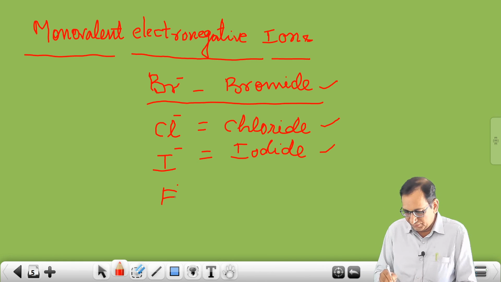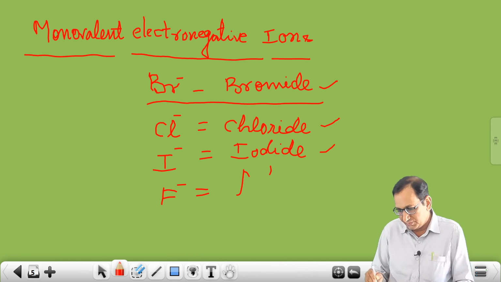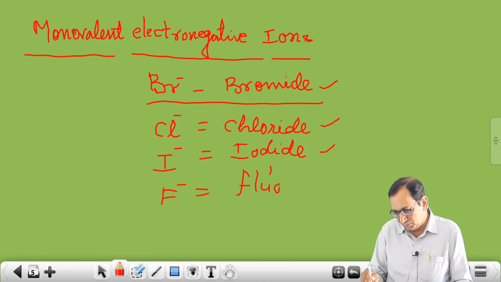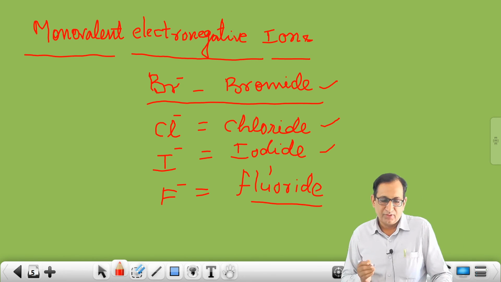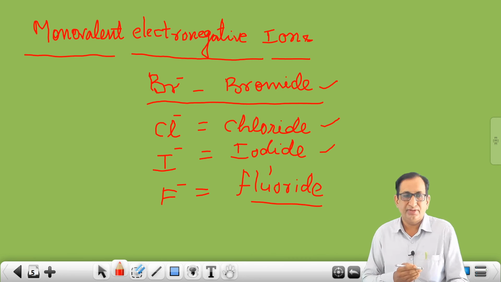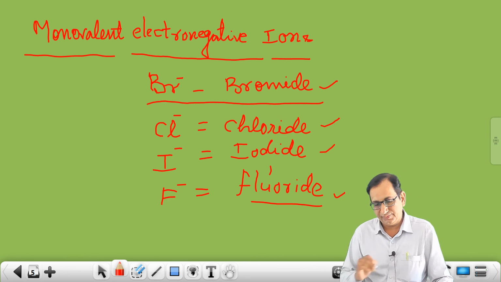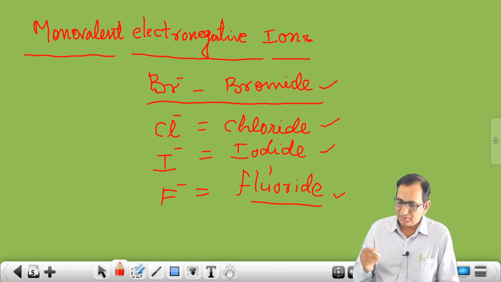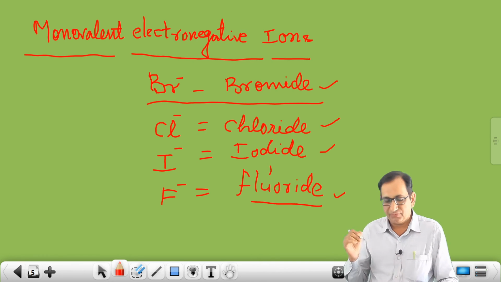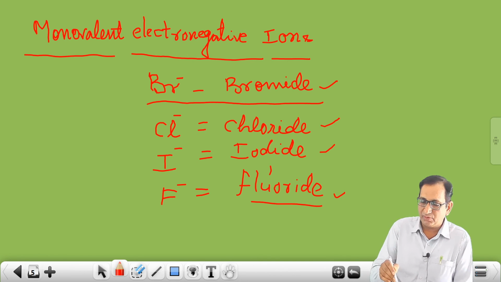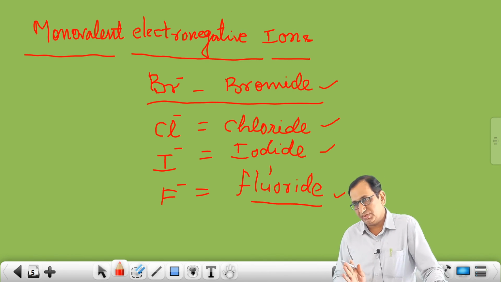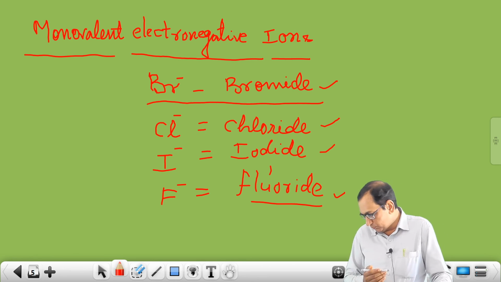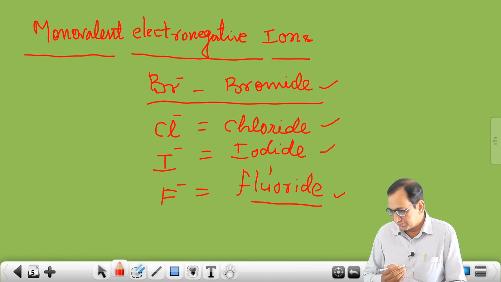So this is F with a negative sign, spelling fluoride. It is actually a fluorine atom, but being an ion, it is fluoride. So bromide, chloride, iodide, fluoride, all have got one negative valency.